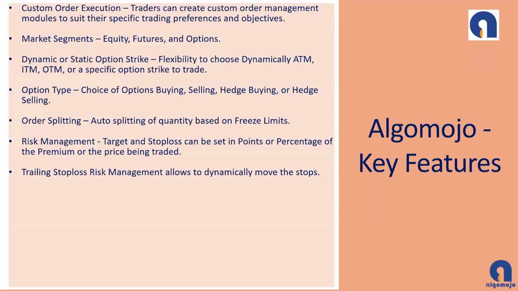Of course, for stop loss, you have trailing stop loss methods also available. You can define how you want to trail your stops. For example, for every 50 points move in the premium in your favor, you can say your stop should move up by 25 points.